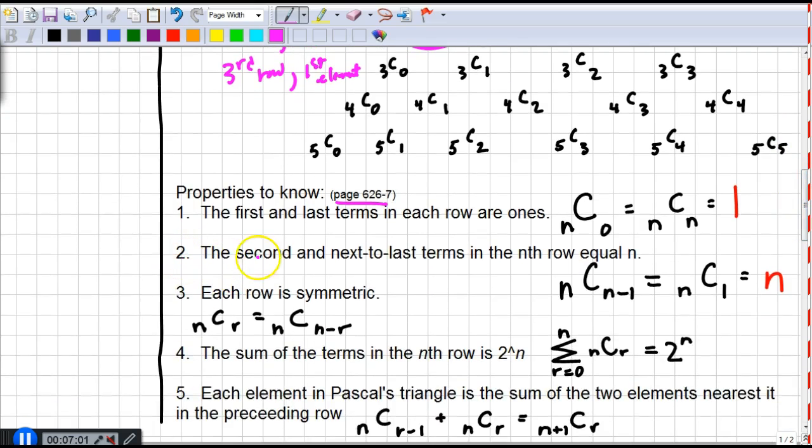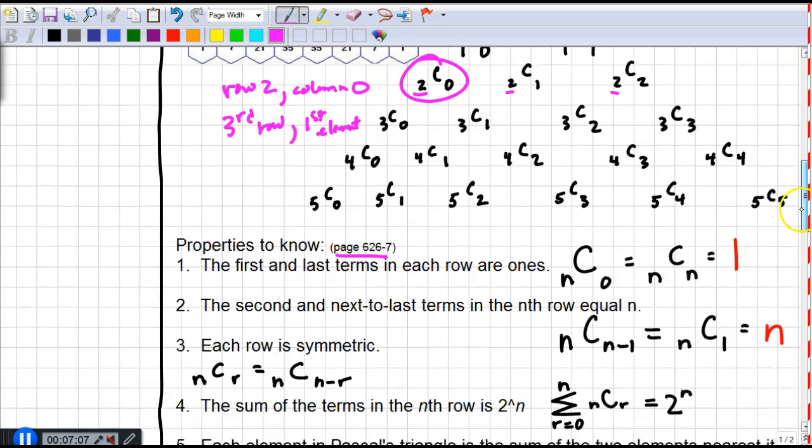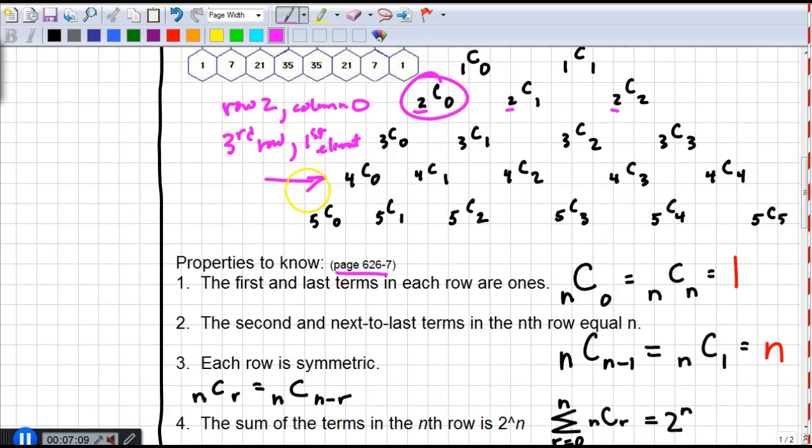Second property says the second and next to last terms in each row equal the row number, the number n. So let's look at row 4 here. Row 4 has all the n values of 4, and if you take 1 less than that, so that would be 4 choose 3, you'd end up with this number here.